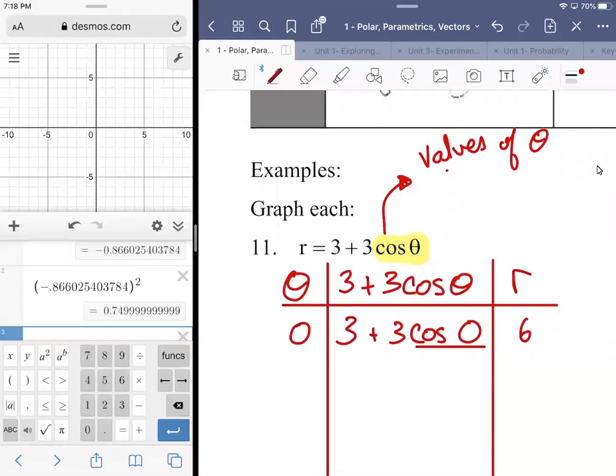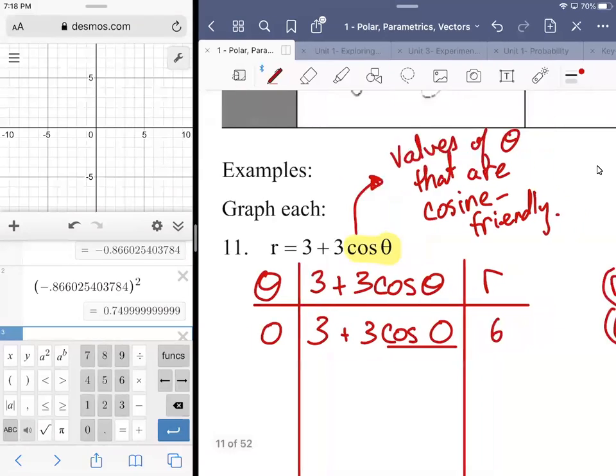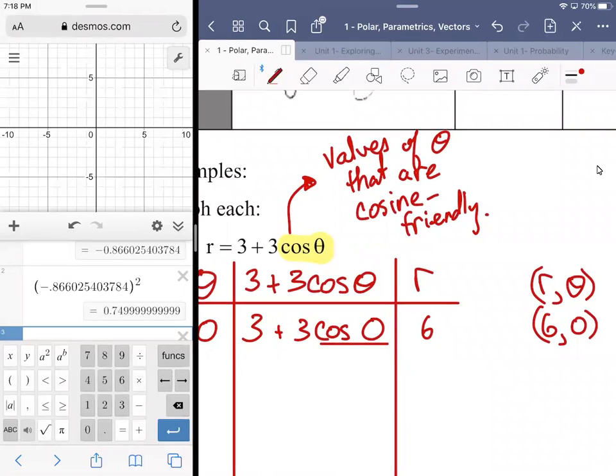So values of theta that are cosine friendly. You don't have to write this down, but if you have no idea, then maybe you do.